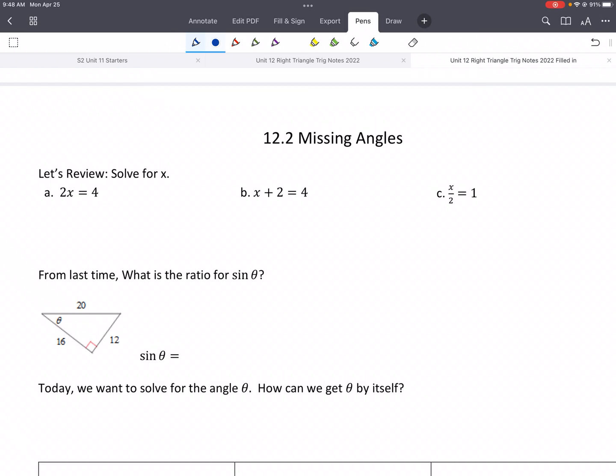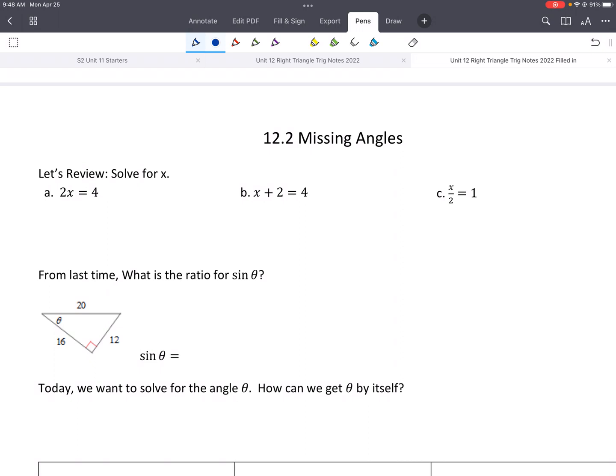All right, guys, this is 12.2 missing angles. So in our last lesson, we learned how to come up with the ratios for each type of trig function, whether it be sine, cosine, or tangent. And we used SOHCAHTOA.